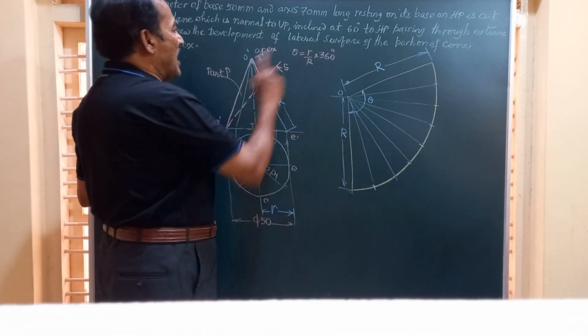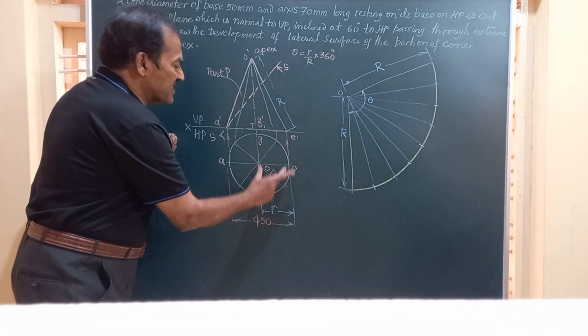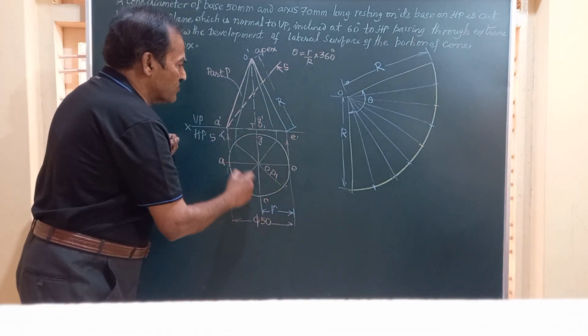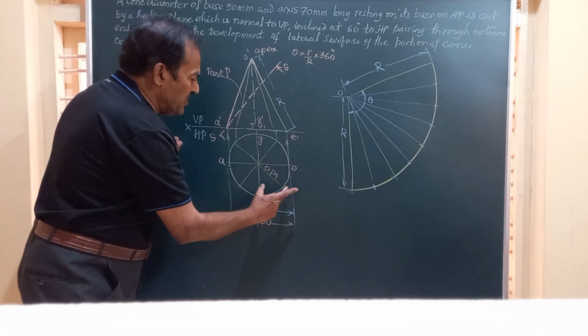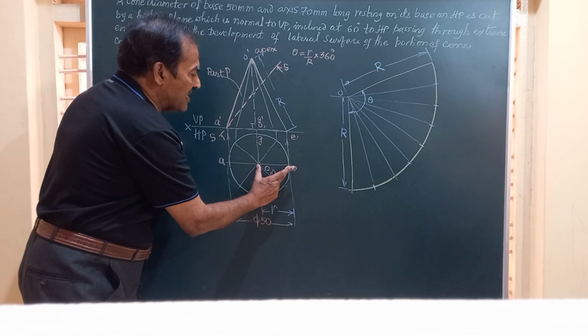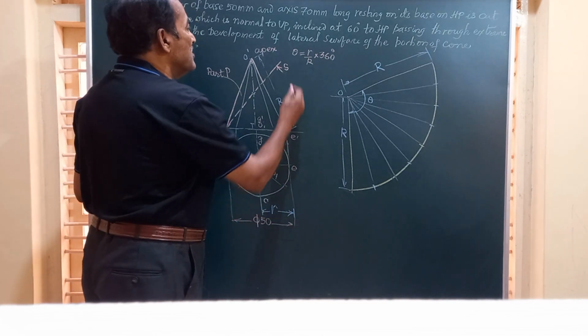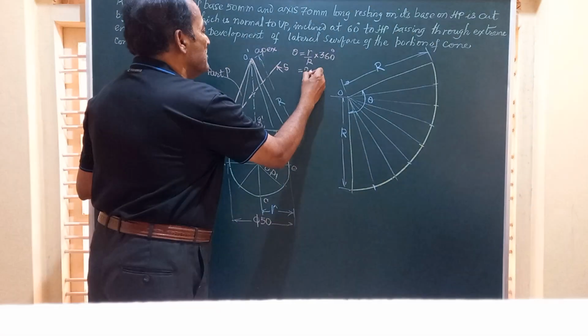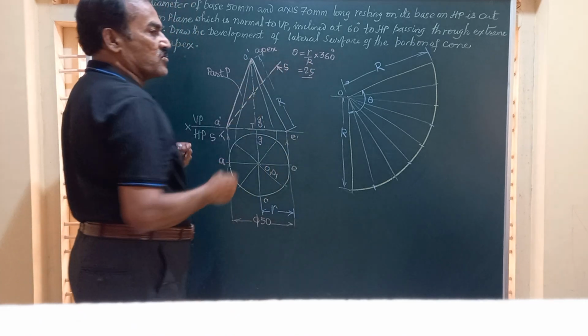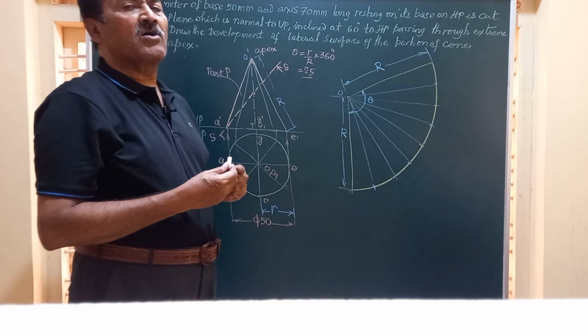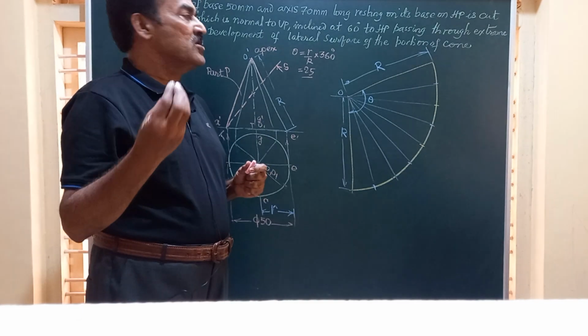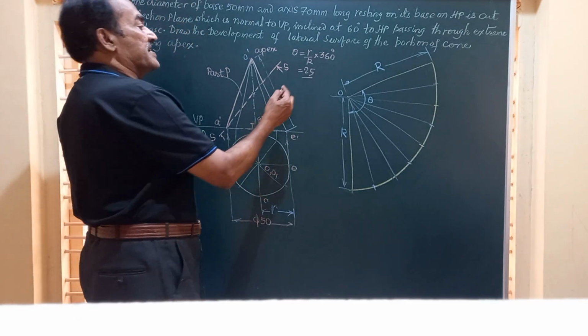Friends, what is this R? Small r stands for the radius of the base of the cone. This base has a diameter 50 and half of that is small r, 25. What is capital R? This R is the length of the end generator, or true length of the end generator.